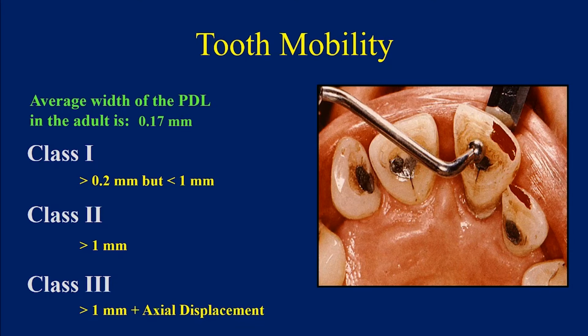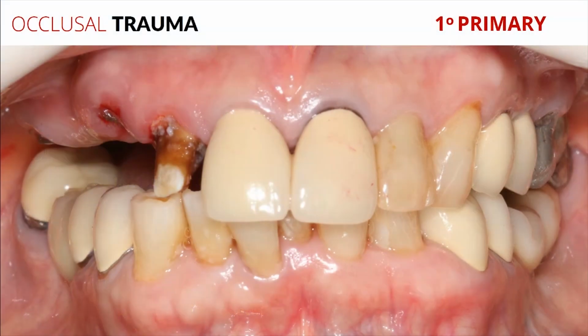So not only when you're moving it side to side, but when you then push down, if the tooth moves in an apical direction, then that becomes a class 3 classification. Okay, so that's the differentiating factor between class 2 and 3.